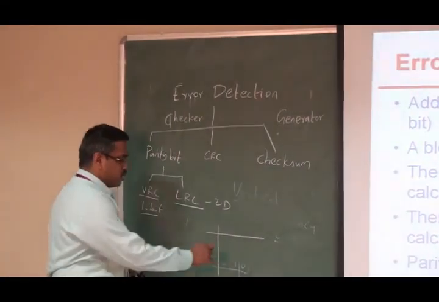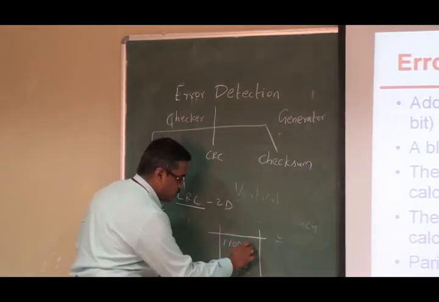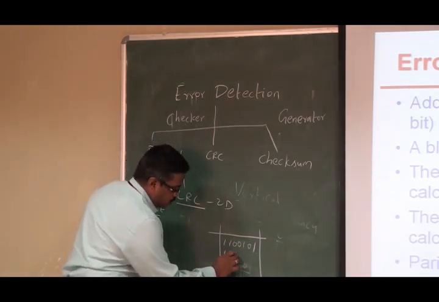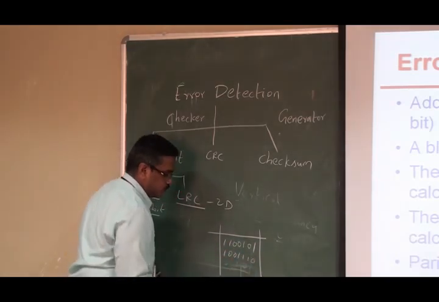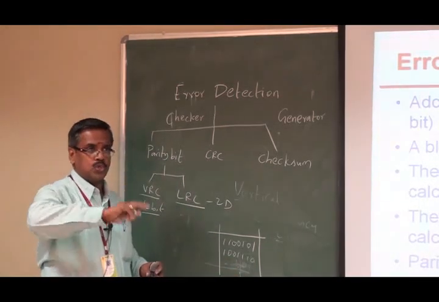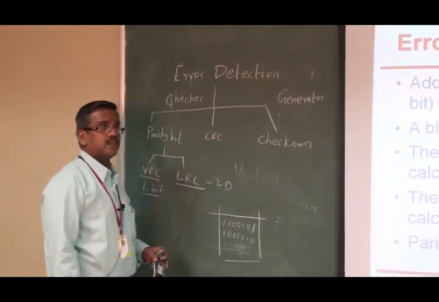So the data units are created: the original data units 1 1 0 0 1 0 1, then 1 0 0 1 1 1 0. Likewise we continue with a number of rows of data units.